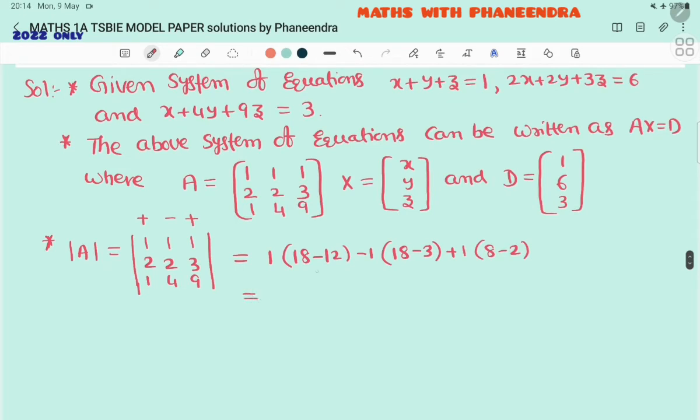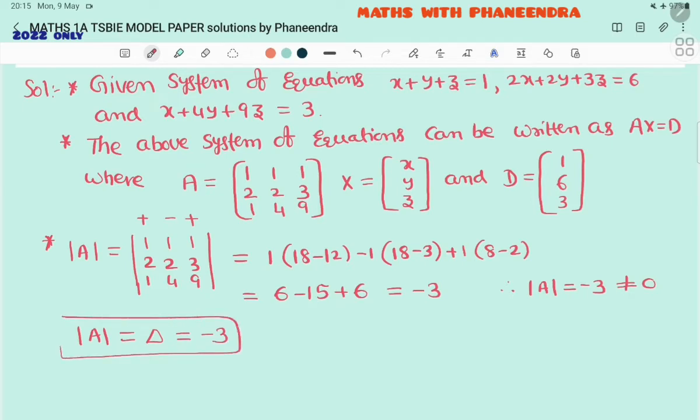So which is equal to 18 minus 12 is 6 into 1, 18 minus 3, 15, minus 15, 8 minus 2, 6 plus 6. 12 minus 15, minus 3. So therefore det A is equal to minus 3, should not be equal to 0, means solution will exist. So after that det A value we got it. Det A we can denote it by delta, that is equal to minus 3.